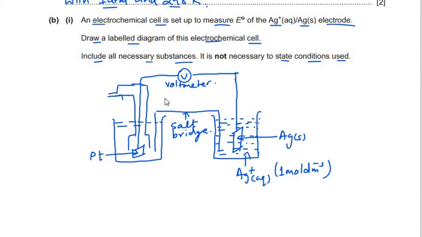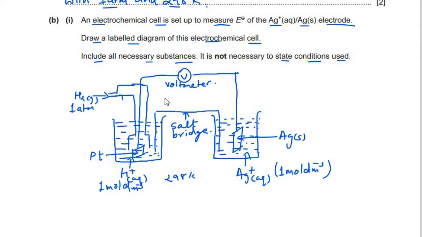The electrolyte again has to be carrying hydrogen ions at 1 mole per dm cube. So hydrogen ions in aqueous form at 1 mole per dm cube. Here should be the hydrogen gas, again at 1 atmospheric pressure, and 298 Kelvin has to be maintained.